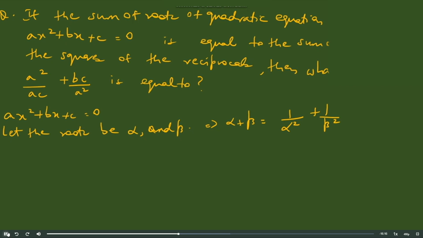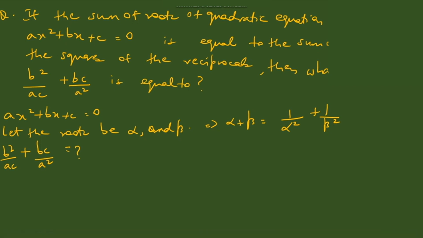Now they are asking you what is, sorry, this is b. They're asking you to find out what is b square by ac plus bc by a square equal to what?